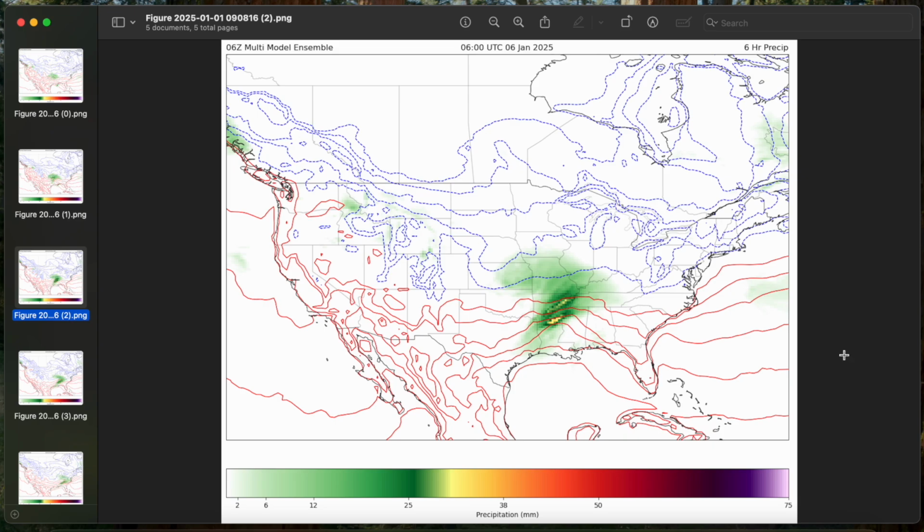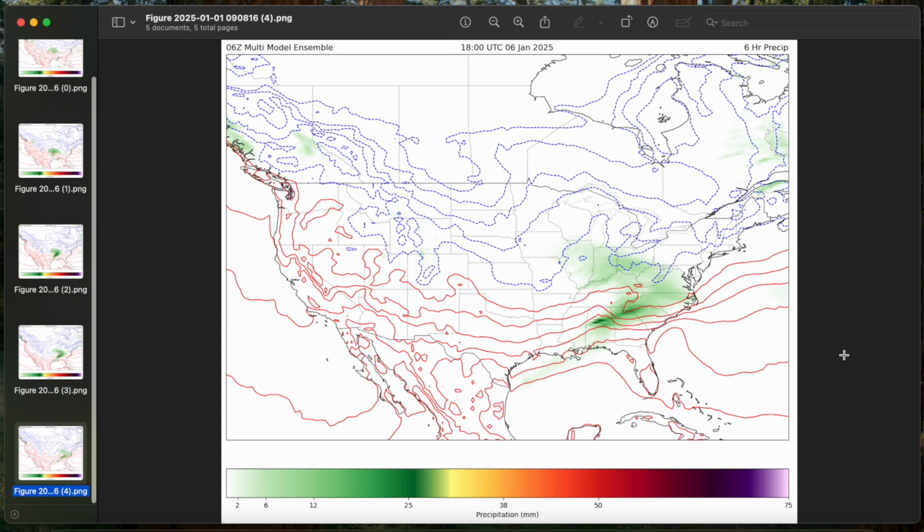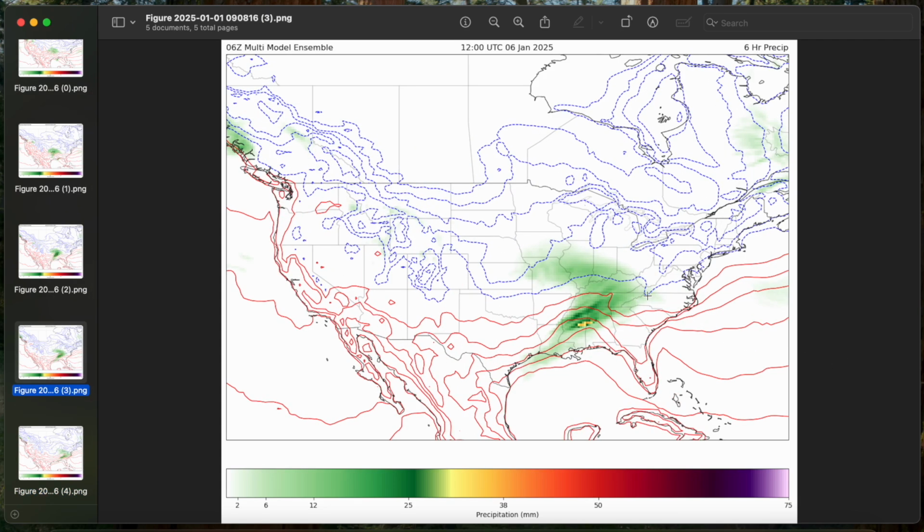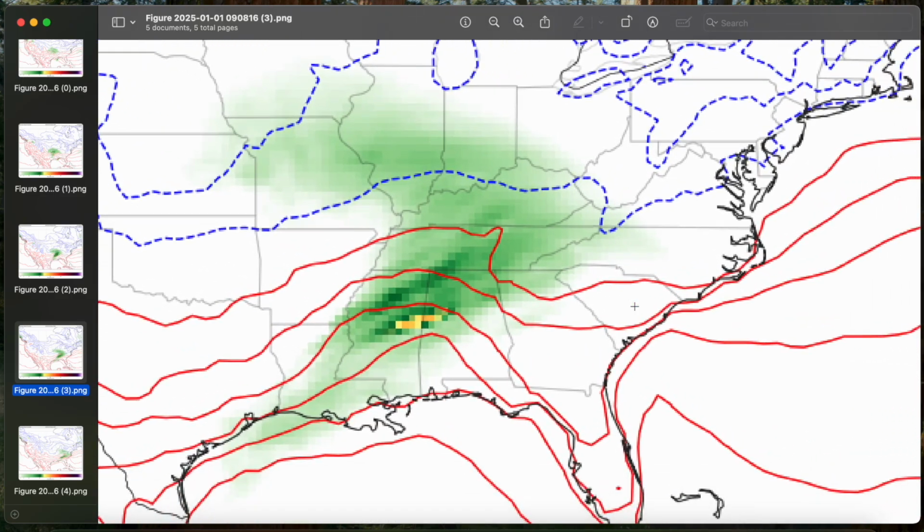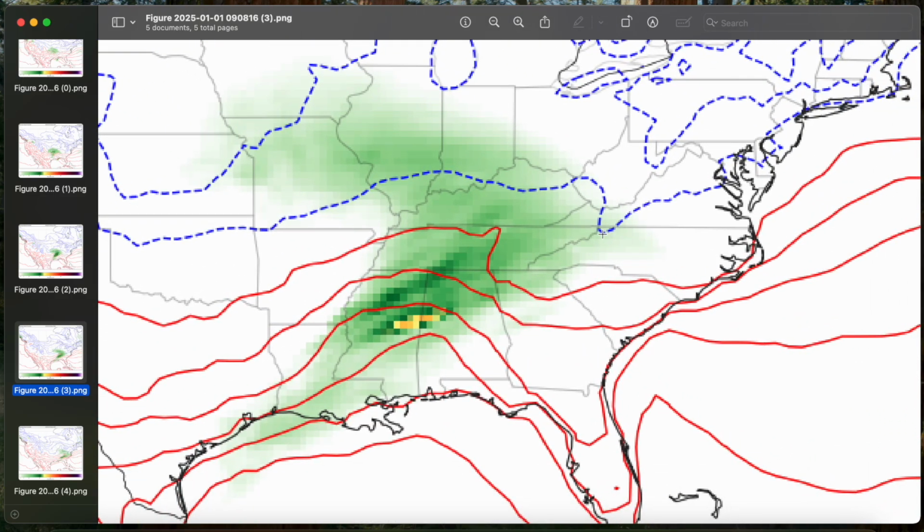But if we go forward here, you can see that the vast majority of the Carolinas is above freezing. And this is a trend that it's been a warming trend over the last few runs of the model.